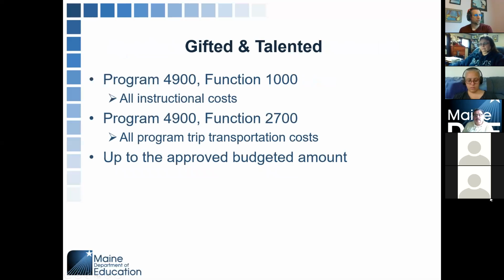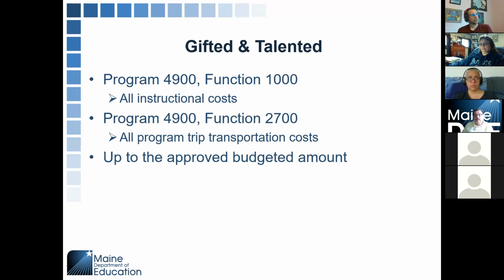Then we move on to gifted and talented. If it's within program 4900 and function 1000, or if you have some program transportation costs, I don't know how often we actually see those, but we would certainly be looking for those.